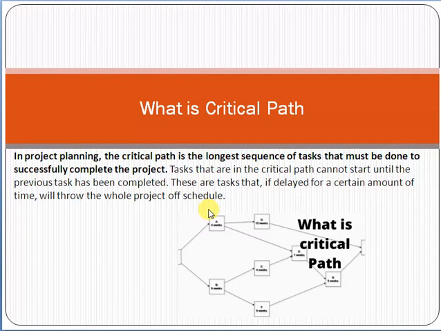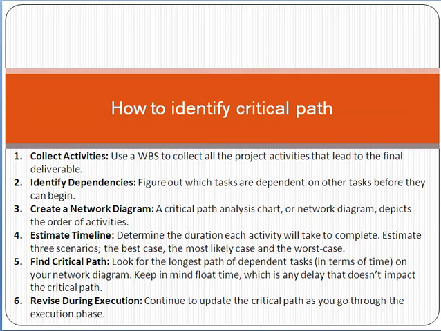The other aspect is that if any activity is not on the critical path and we get some delay in it, there are high chances that the project will not be delayed. So we can focus on those activities which have some buffer, some time, and will not delay the project. Now, how to identify the critical path?